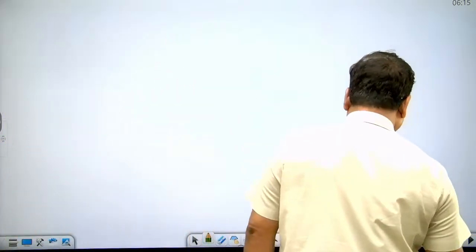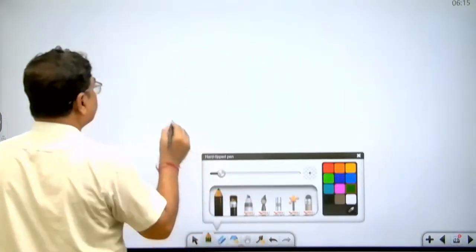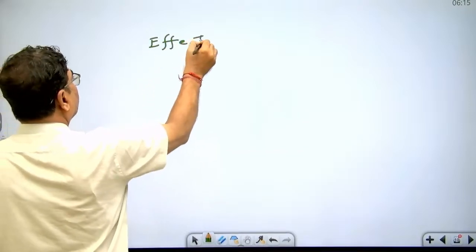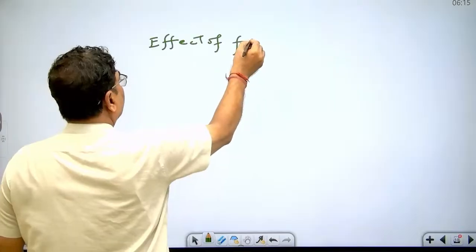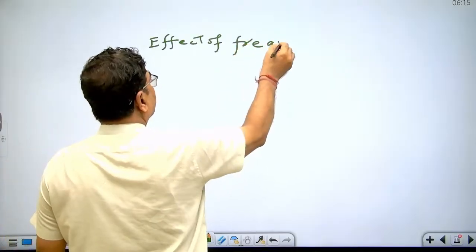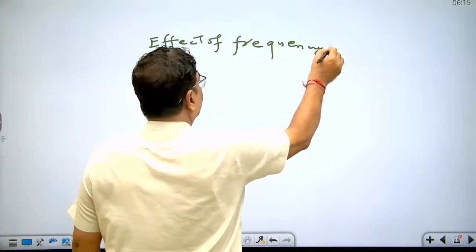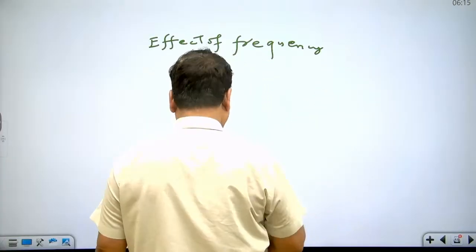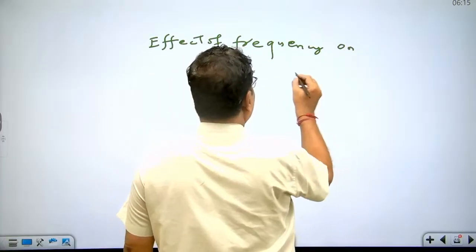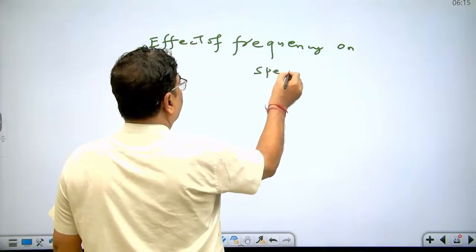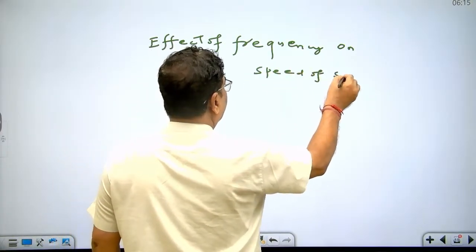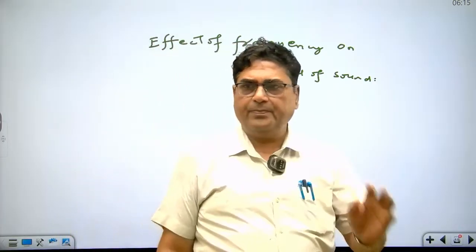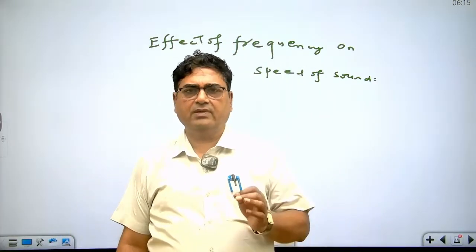Now what happens when frequency changes? Effect of frequency on speed of sound. Dear student, in the formula V equal to under root gamma P upon rho, there is no term like frequency.